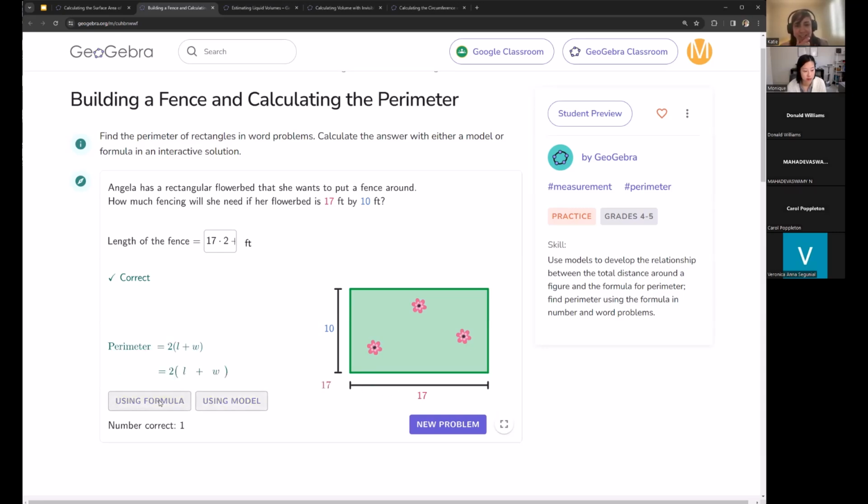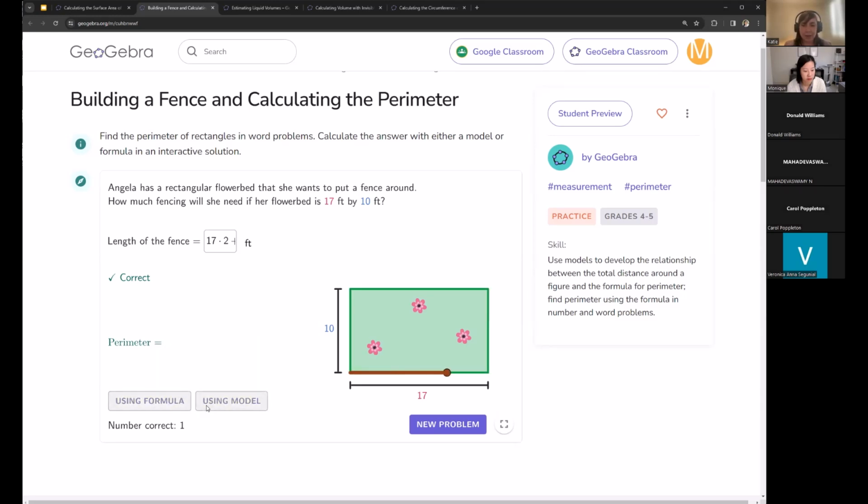Yeah, so I see you're hovering over the button. Go for it. So we're looking at a couple different ways to represent the solution here. One is by using the formula, the dimensions just fly right in. And then the other is using the model. So students can actually see this nice animation of what the perimeter is. The point is going all the way around. It's building the fence around the garden.